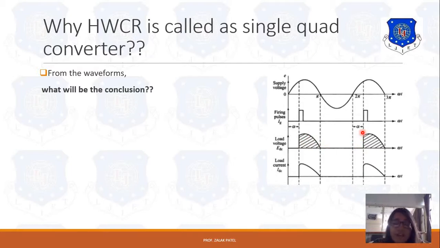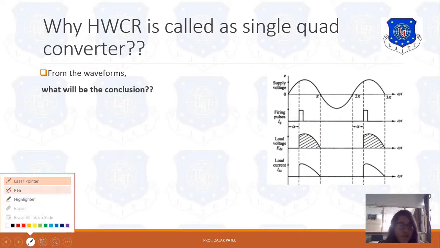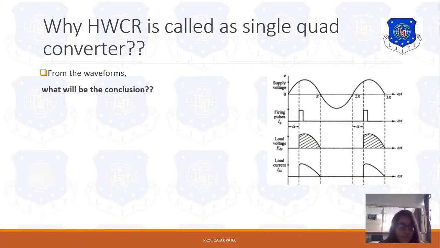It will never go negative; it can be either positive or 0. So the conclusion is that if we draw this in 4 quadrants, there are only positive values and 0.